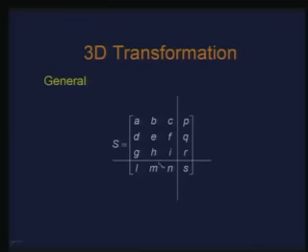So, for instance, this part gives me the translation, this part gives me the linear transformation, where the diagonal gives me the scaling and the off diagonal gives me the shearing, and all these together may also give me rotation.